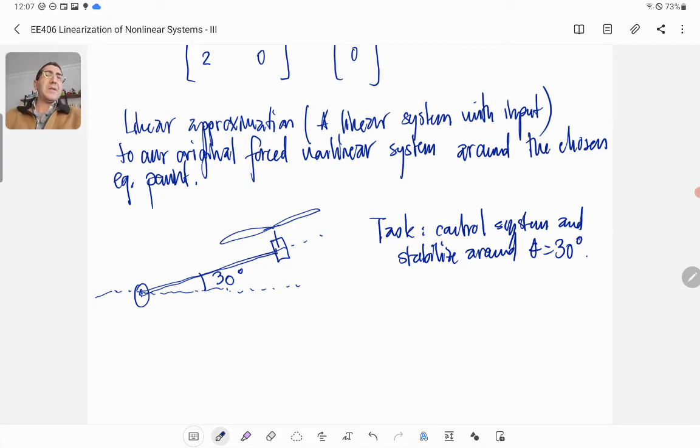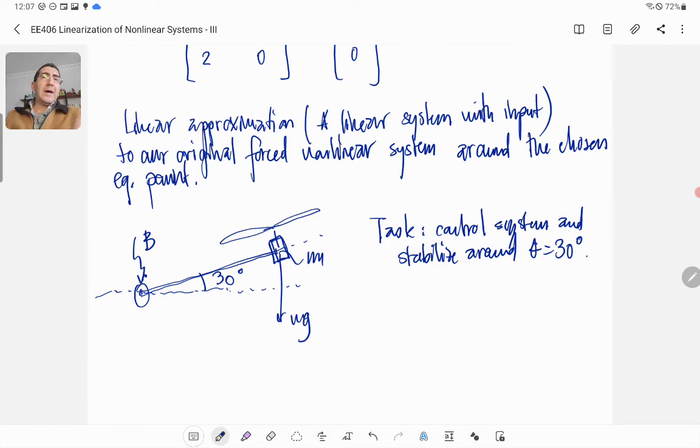What's going to be the approach to this kind of a problem? Let's think about everything that we learned. First of all, this is a nonlinear system, because there is a mass here, let's say m. So there will be mg, gravity here. There will most likely be a friction over here.